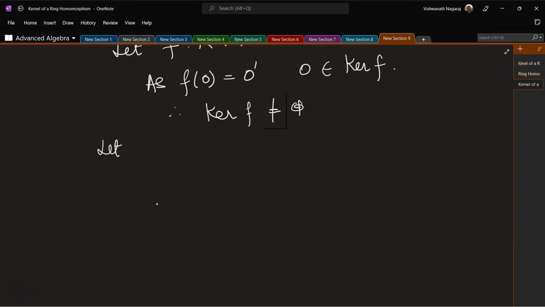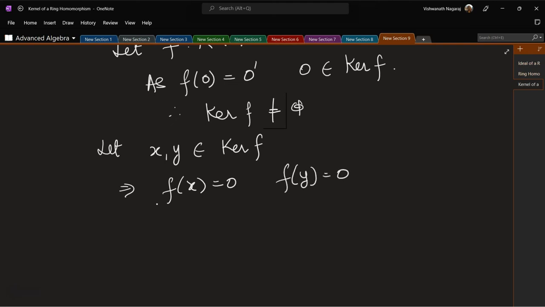Okay, let x and y belong to kernel of f, which implies that f of x is equal to 0 and f of y is equal to 0. So we have two elements which map to 0, actually, I should say 0 prime.